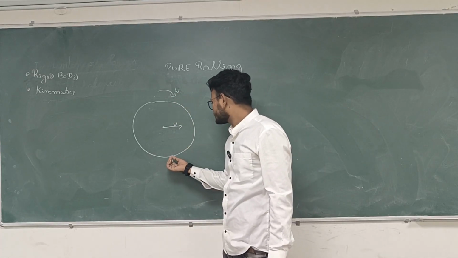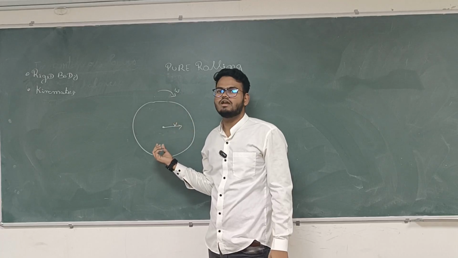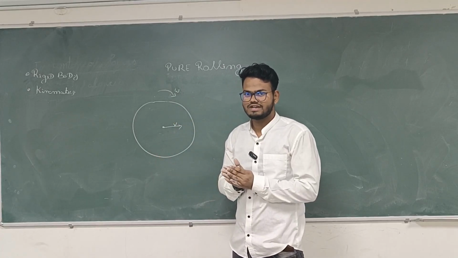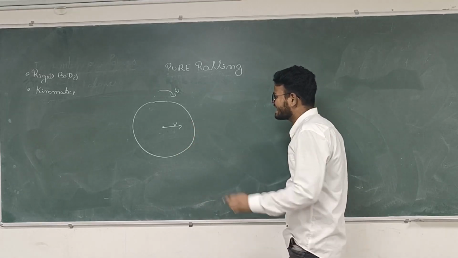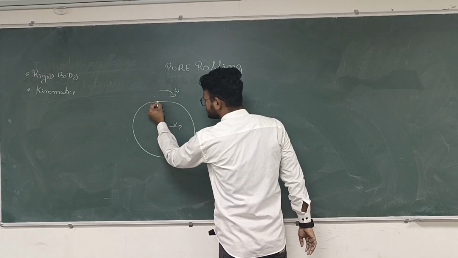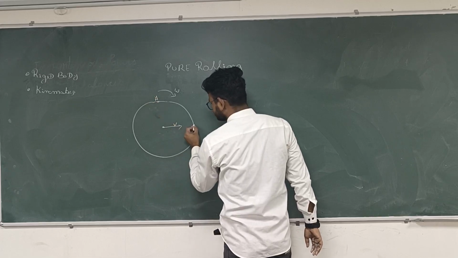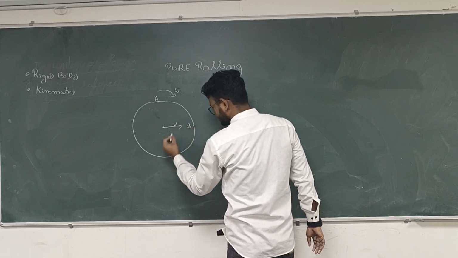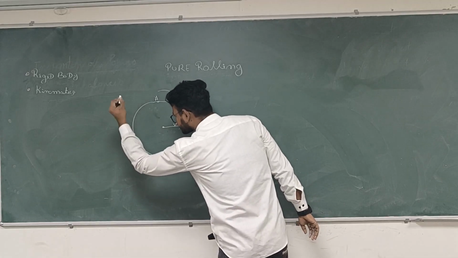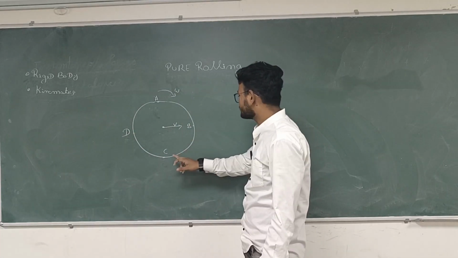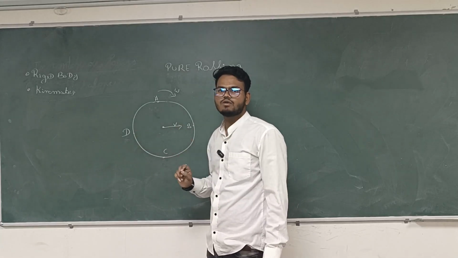If I want to know the motion of every point on this body, we can easily find out. Let's suppose I consider 4 points on this body, A, B, C and D, and I want to find out the net velocity at these points.